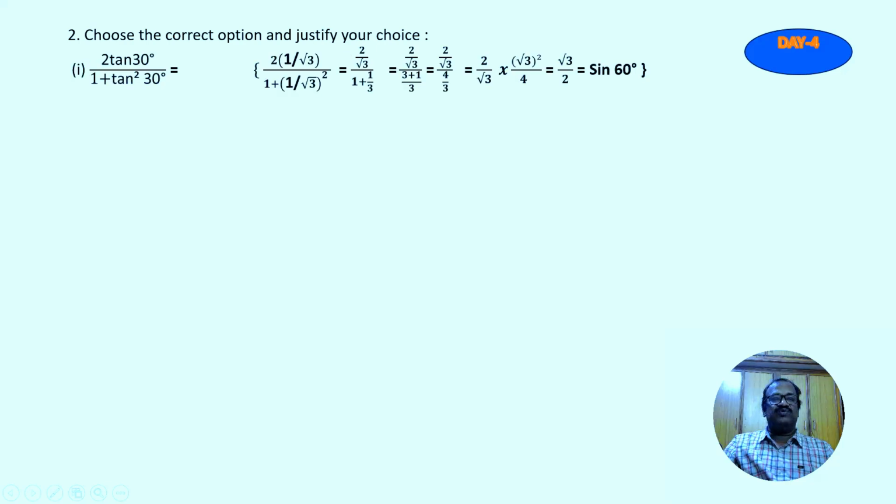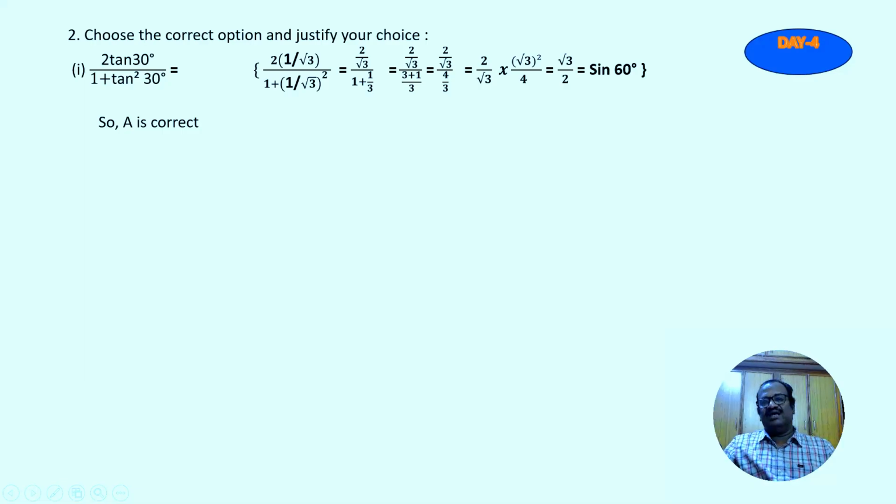The last one for today: choose the correct option and justify your answer. The first one, 2 tan 30 degrees by 1 plus tan square 30 degrees. Here I have taken tan 30 from the table. Always we are using the table. 2 into 1 by root 3, by 1 plus 1 by root 3 whole square, which gives us 2 by root 3, by 1 plus 1 by 3.